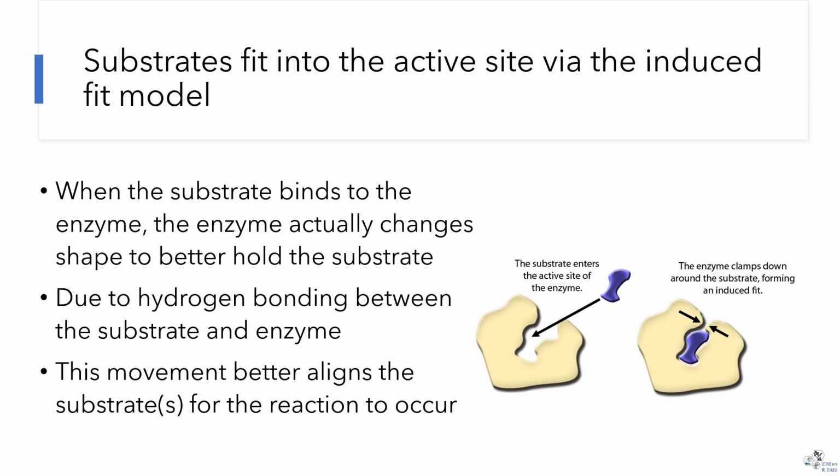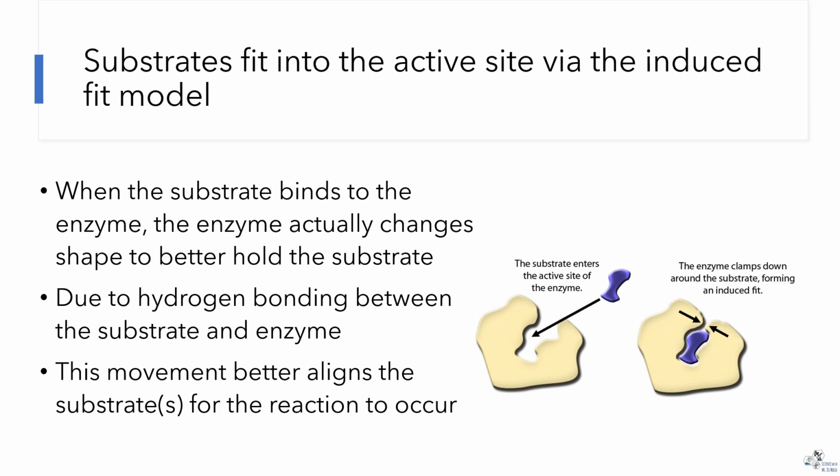The act of the substrate binding, it's not a true bond, but the act of the substrate coming in and interacting with the enzyme is what is going to force the enzyme to change its shape just a little bit, to force the substrate to change its shape to make the reaction happen.